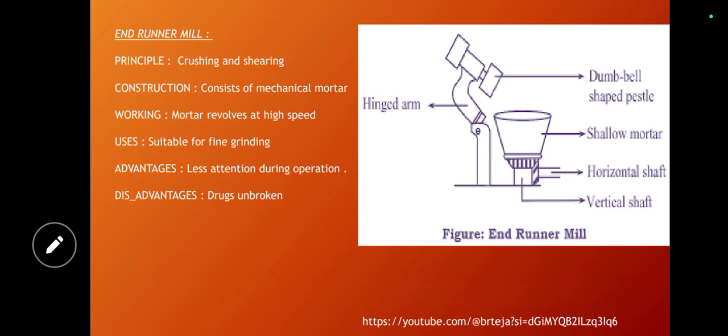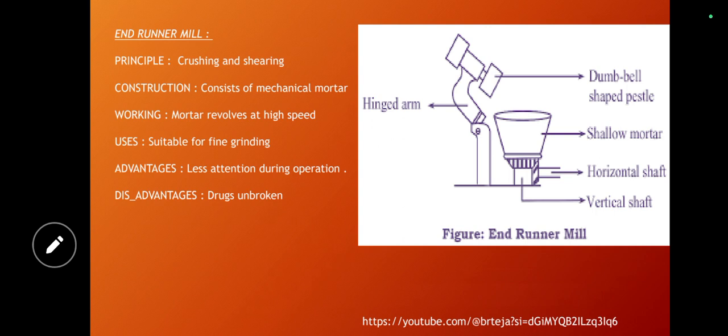What's the construction of the end runner mill? It consists of a mechanical motor. What's the working of the end runner mill? The motor revolves at high speed and rotates the end runner mill. What are the uses of the end runner mill? Suitable for fine grinding, fine particles.